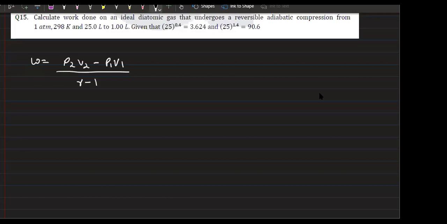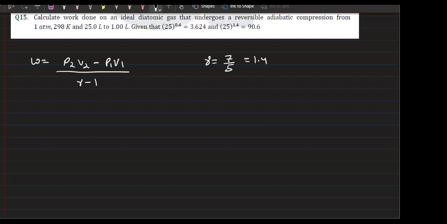So what information do we have? We have gamma because it is an ideal diatomic gas. So gamma is 7 by 5, Cp by Cv, so 7 by 5, which is equal to 1.4.